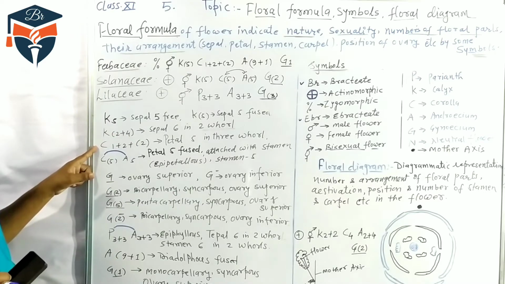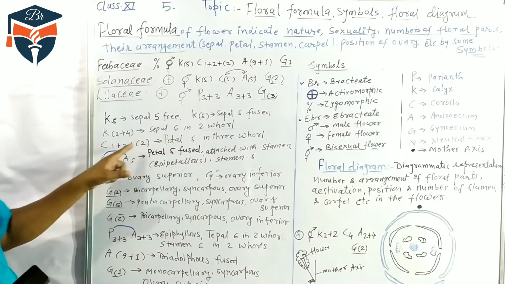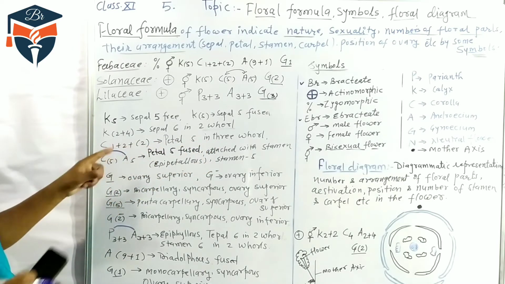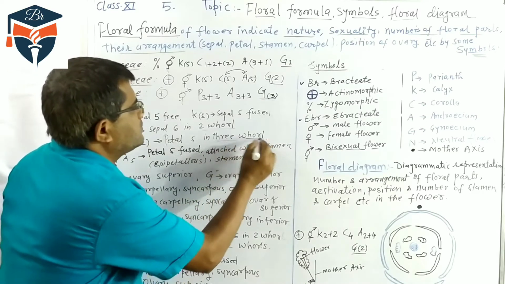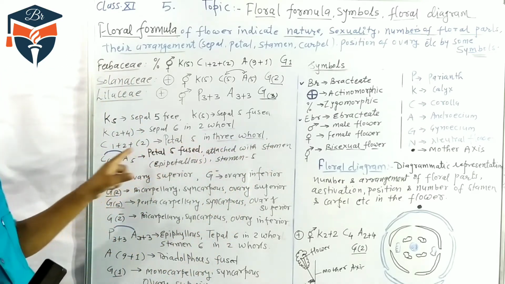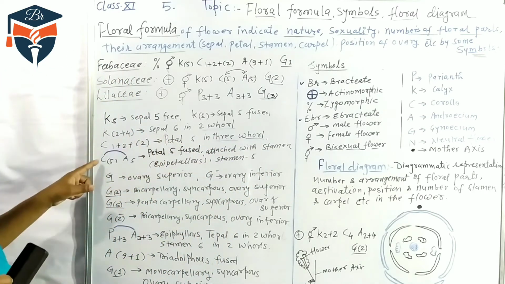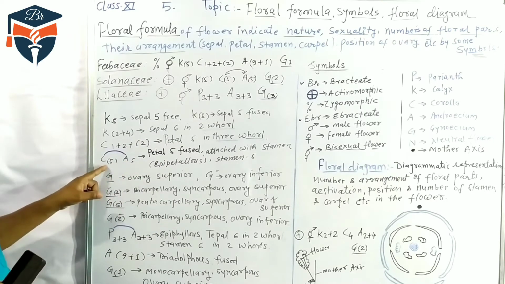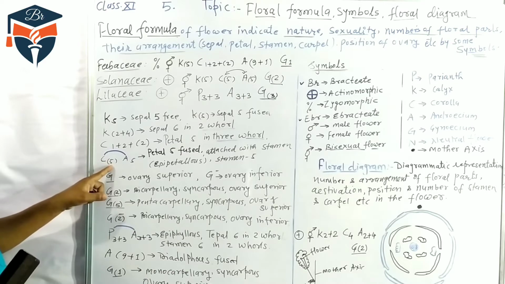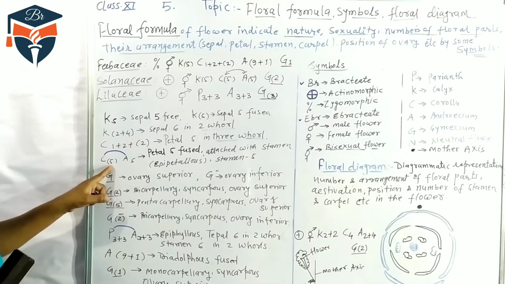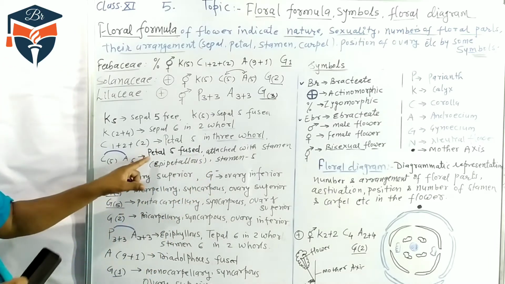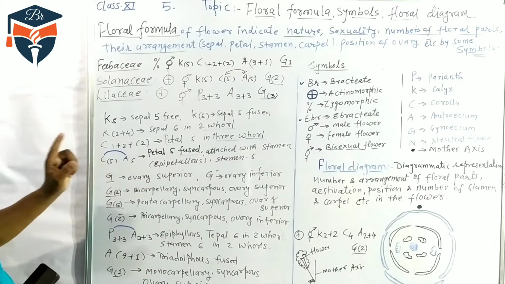C for corolla, and the total number of petals 1 plus 2 plus 2 means the total petals are 5 and they are arranged in 3 whorls. If C is attached with A, it means the 5 petals are fused.